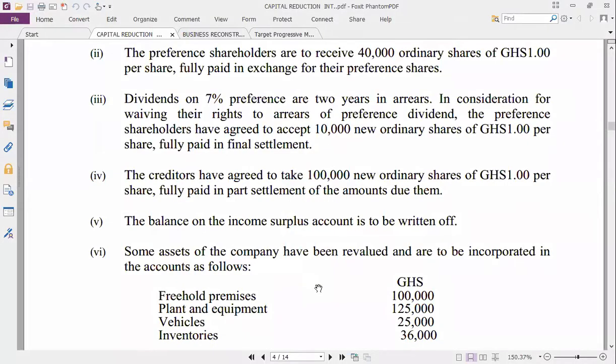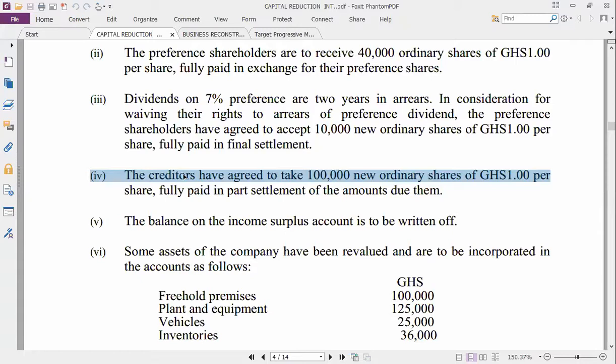So the next note says that the creditors have agreed to take 100,000 new ordinary shares of 1 Ghana cedi per share, fully paid, in part settlement of the amount due them. This one is part settlement, not full settlement. So here we can't tell ourselves that the remainder of the creditors is the gain. No, it's a part settlement. So that means they will still come and chase us for the remaining part.